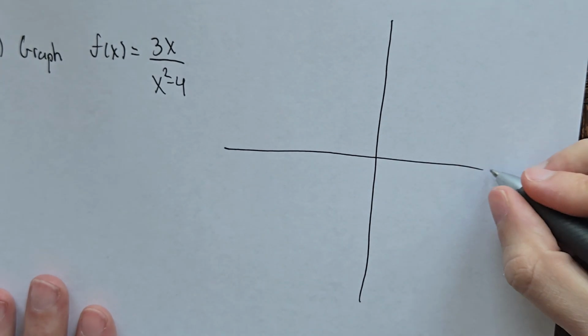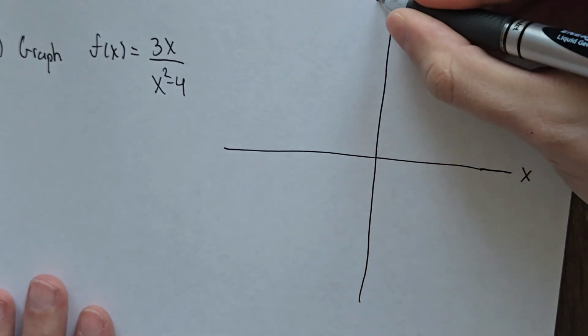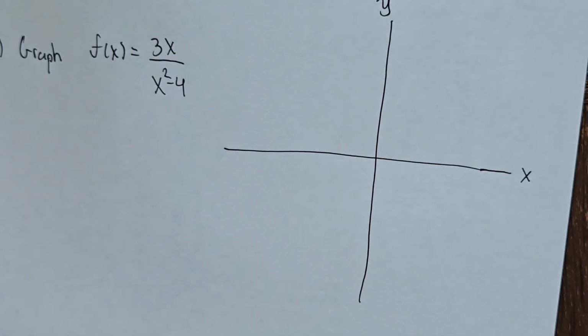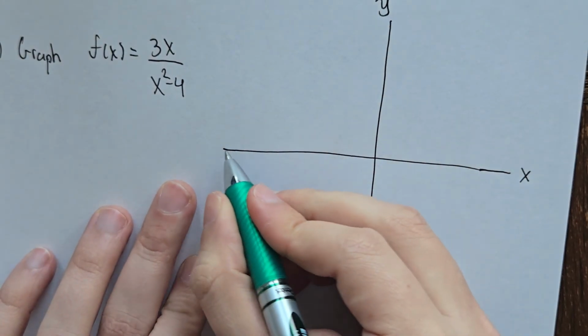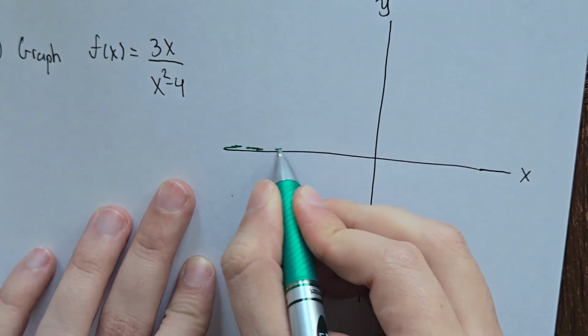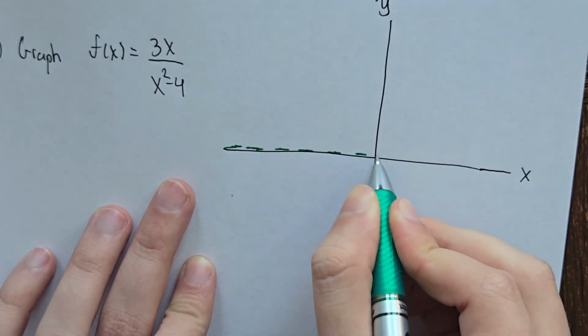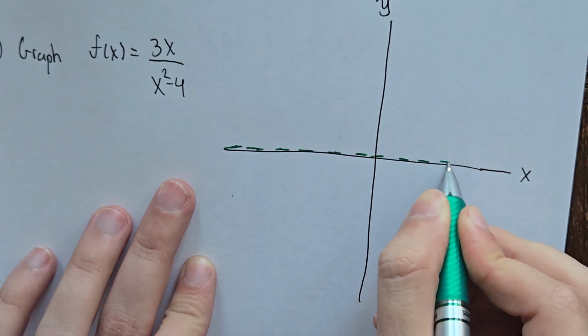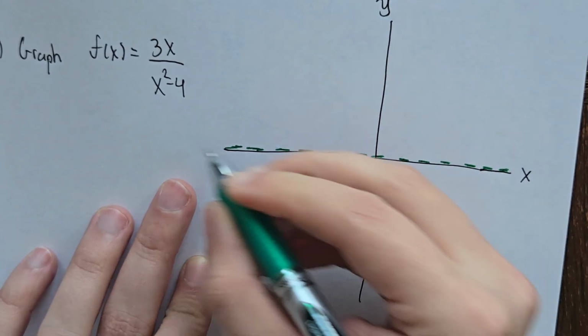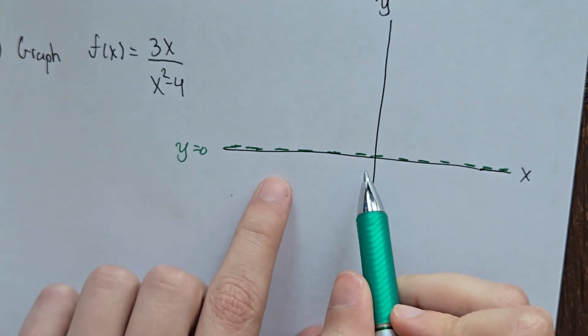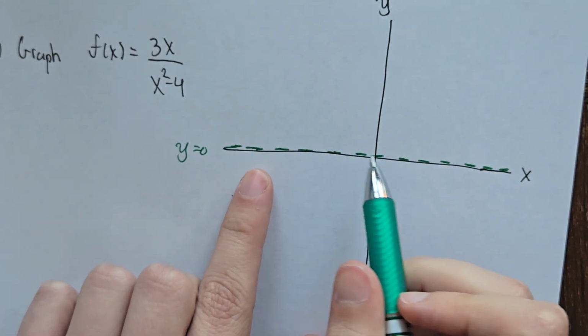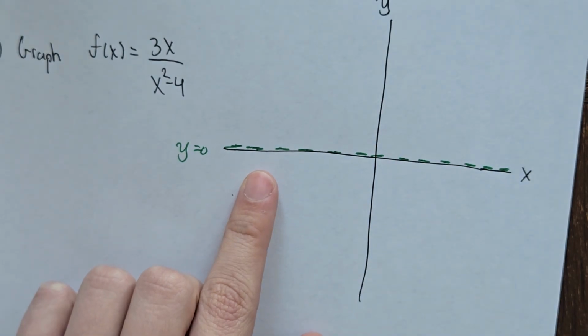First, I'm going to draw in any asymptotes that I have, maybe in a green color. The first one is at y is equal to 0, and that's a horizontal line cutting through y is equal to 0, which means we're just going to have a line across the x-axis right here. Because it's right on top of the x-axis, I'm going to do it a little bit above it to tell myself that it is there.